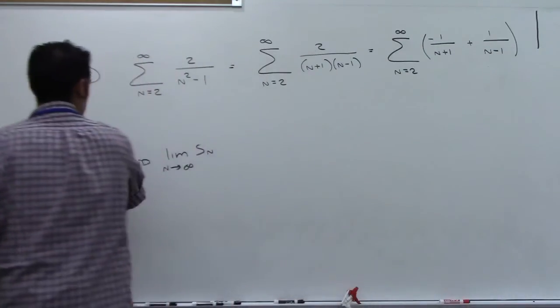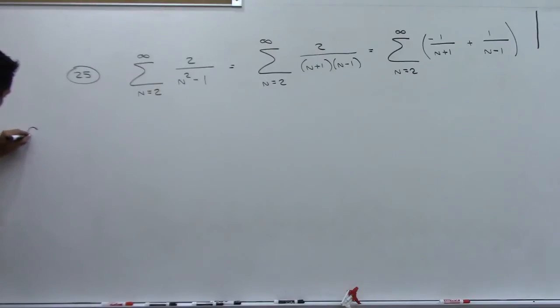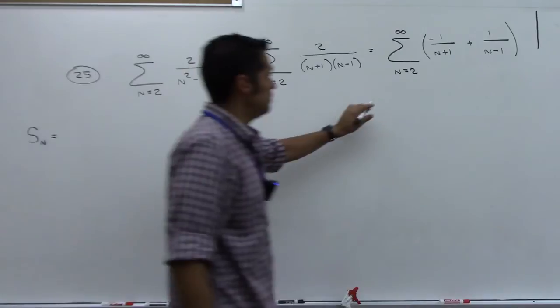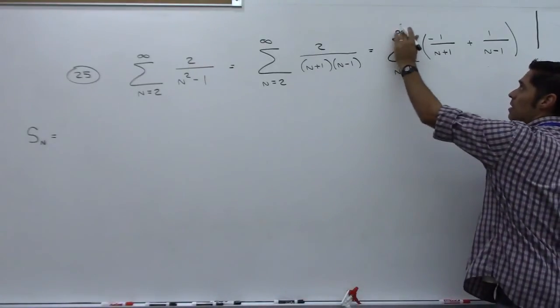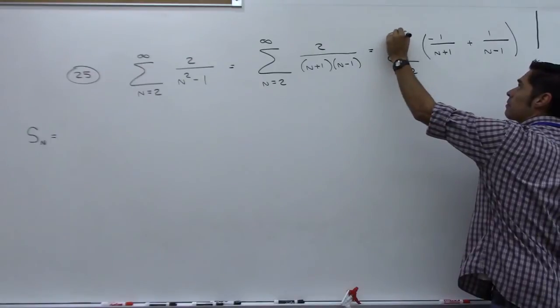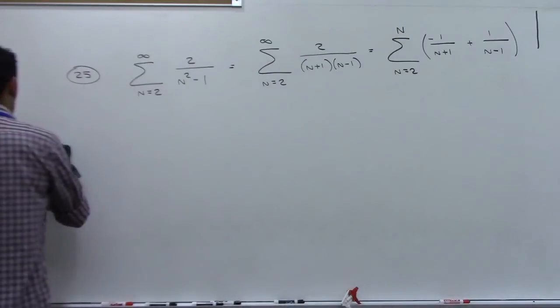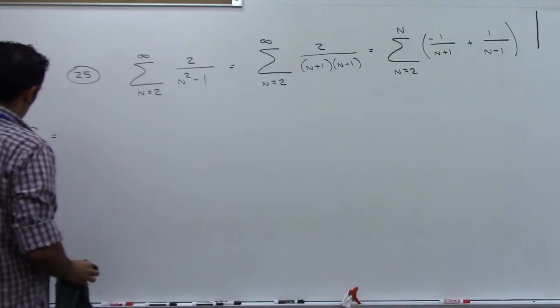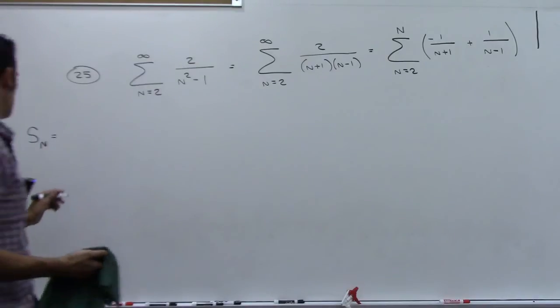I'm going to need some space for this, so I'm going to write it out like this. S sub n is the sum that I get here when I start at 2 and stop at some capital N. So I'm going to start at n equals 2 and stop at some capital N. So what do we get when we do this? Well, we already did the first ones.